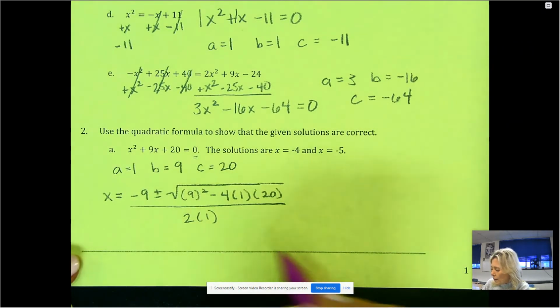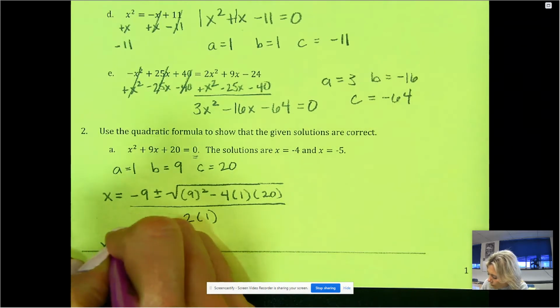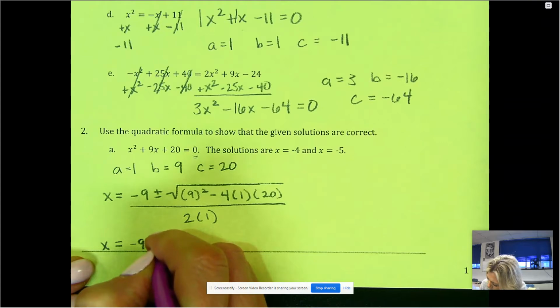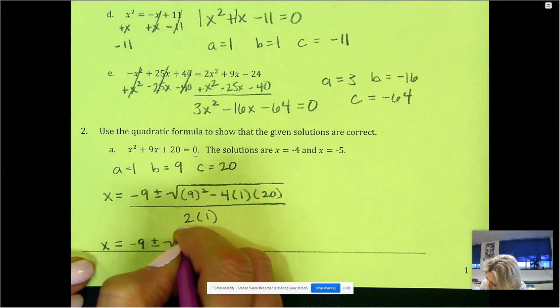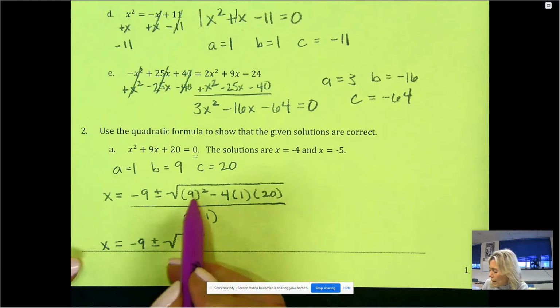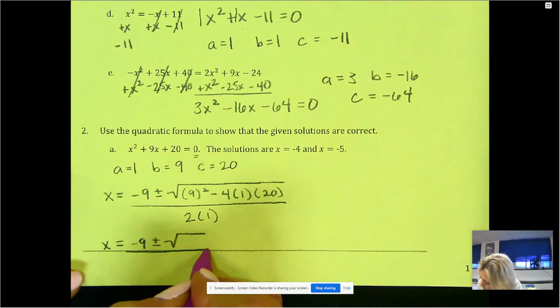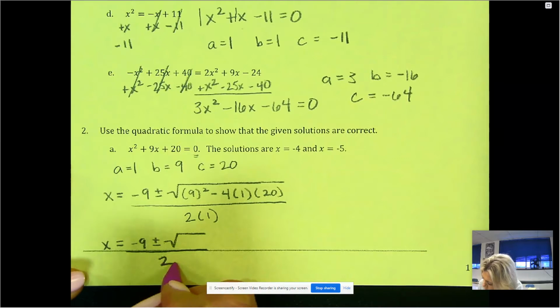Okay, my next step, negative 9 goes here, plus or minus. I'm just going to make a small square root because I'm going to find this answer over 2 times 1 is 2.